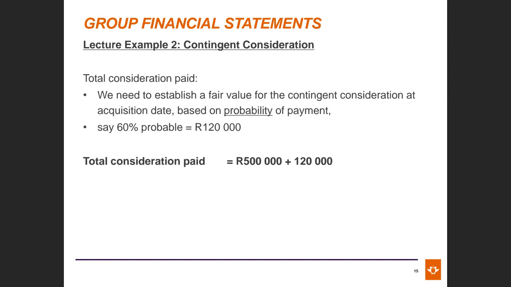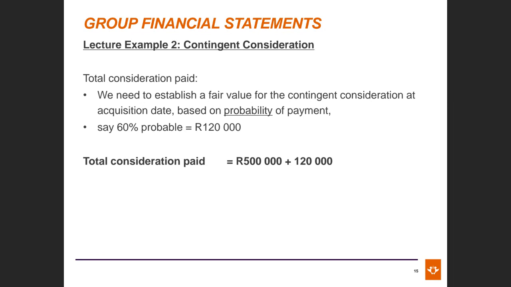The probability percentage will have to be given to you. It is based on judgment, so each company will be different. In real life, people would forecast, taking last year's actuals or the last 5 years, and forecast what the likely revenue is going to be in the future. Then they would say, based on the economic conditions and the past performance of the company, this is the probability.